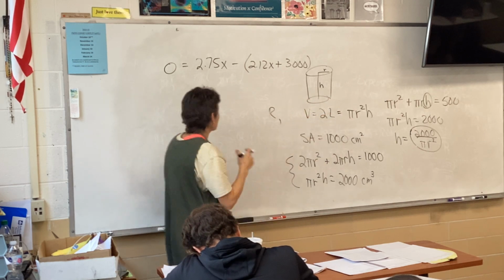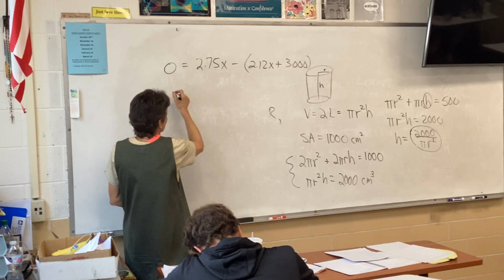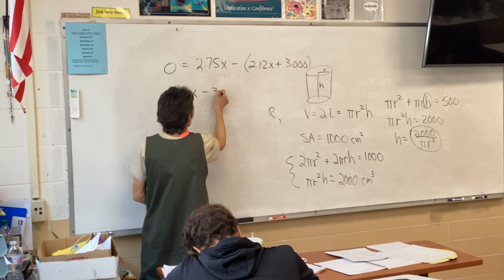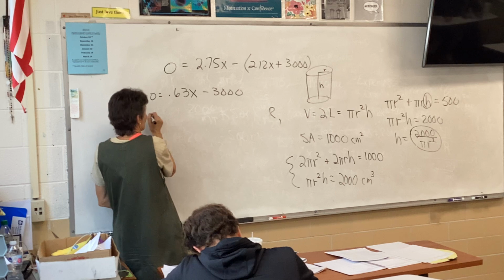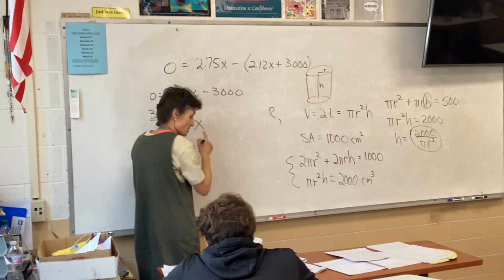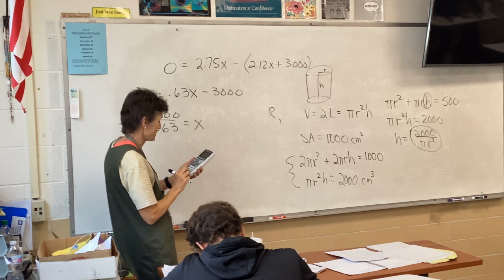So if I solve this, which is going to be easy, what is that, 0.63x minus 3,000? So 3,000 divided by 0.63. This is going to be my break even if I subtracted right. Keep an eye on my arithmetic.